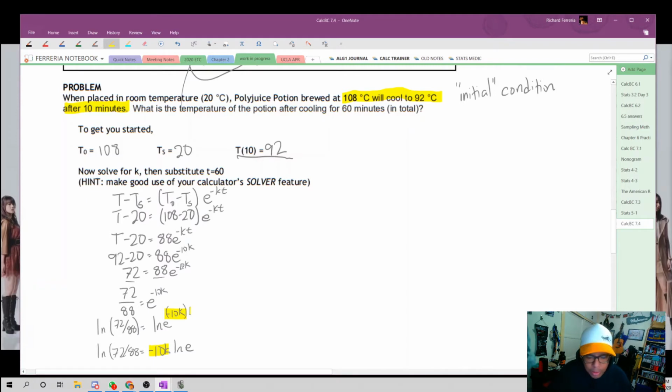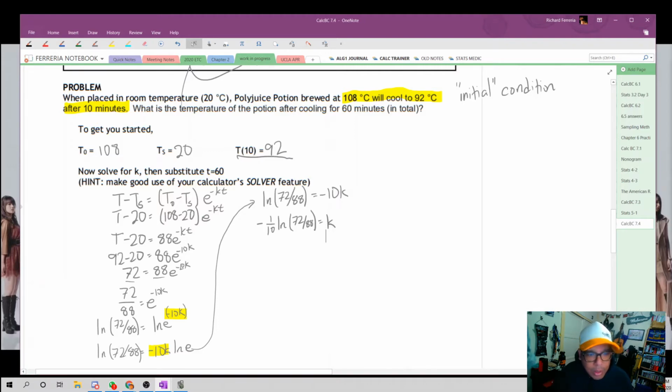This time we are using a natural log. The natural log of e, by definition, is equal to 1, so this enables us to solve this really nicely. We'll just divide both sides by 10. And there we go. We have something nice to put in our calculator to solve for k.